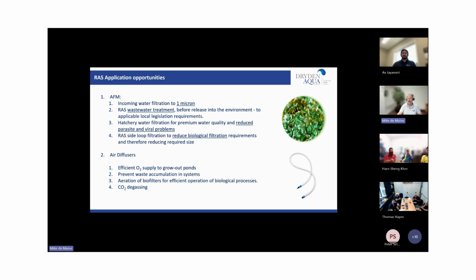It's even to that extent. Okay. Also used for CO2 degassing and aeration of biofilters.